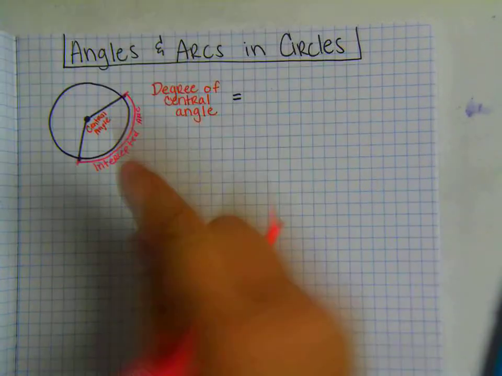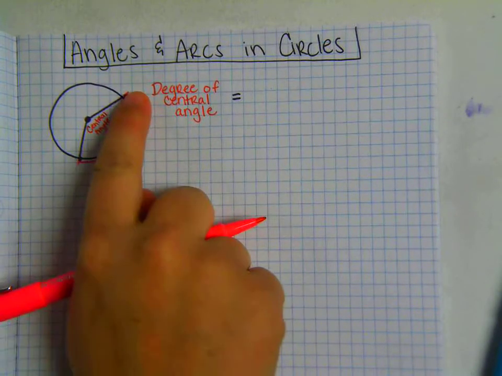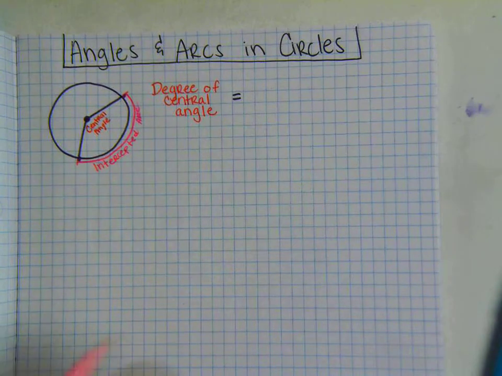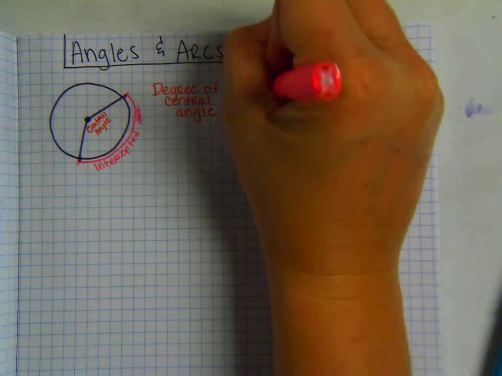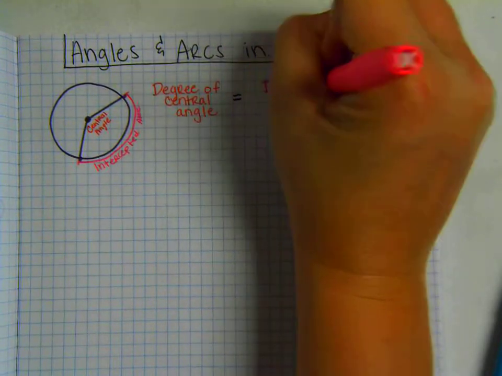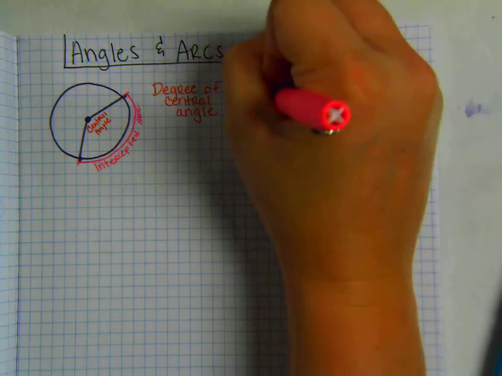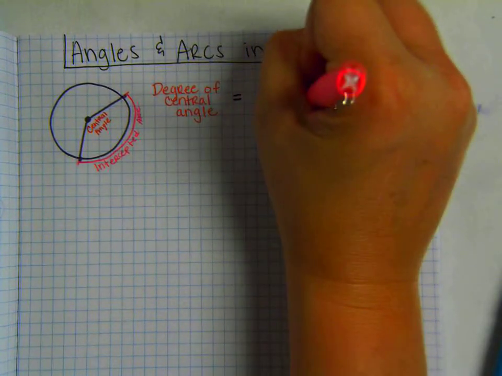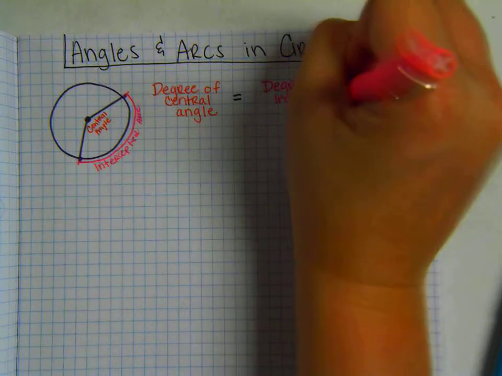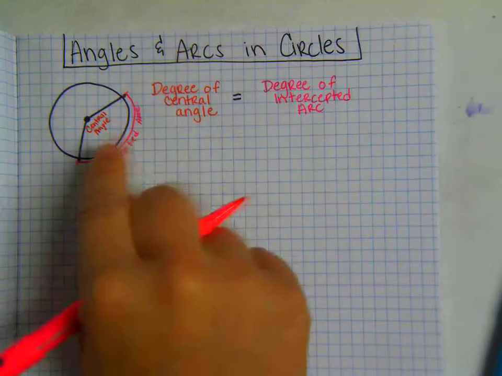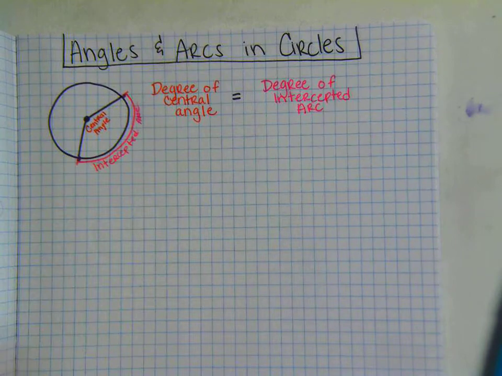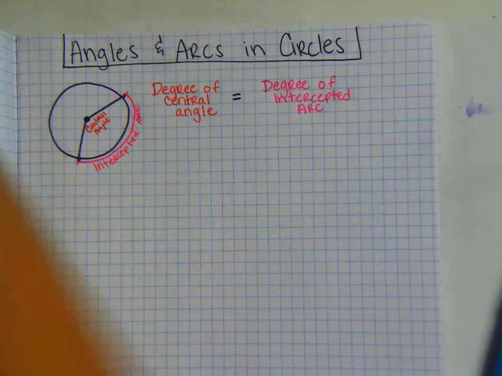Where it intercepts that arc, the degree of the central angle equals the degree of the intercepted arc. So if you know one of them, you know both of them because they're going to be equal. Okay, now let's look at a little example of this.